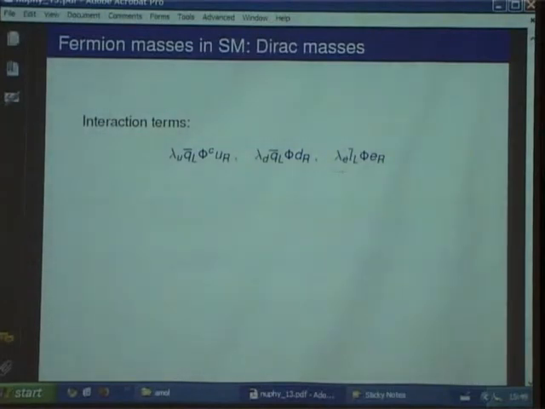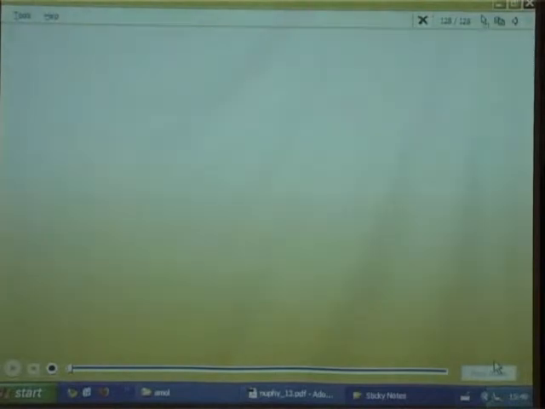So now let's take this term, which is relevant: lambda E times LL bar phi ER. Let's see what happens to this term.